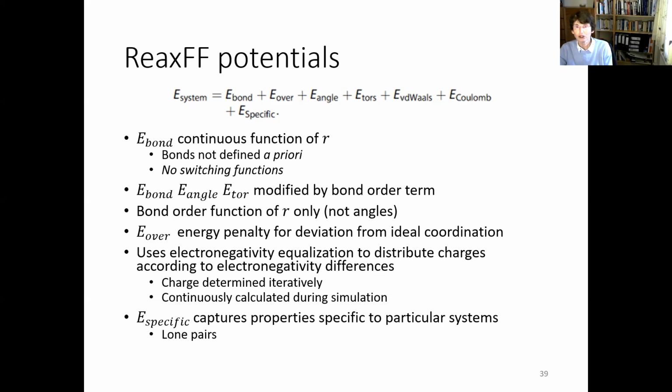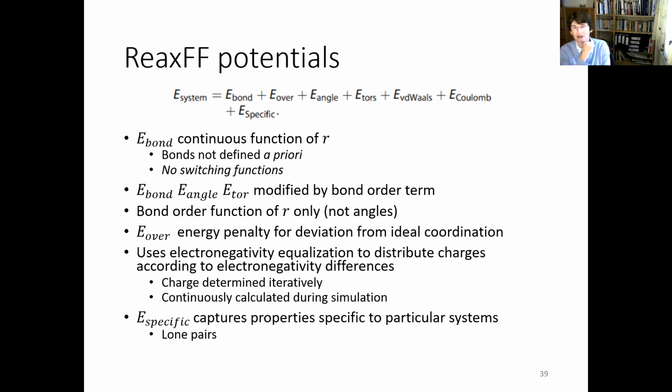The charges are actually calculated during the simulation by using electronegativity equalization. So basically that works out what your charge distribution would be in order to make the electronegativity in all the atoms the same. This is actually quite expensive computationally, because after every movement we have to recalculate what the charges are.